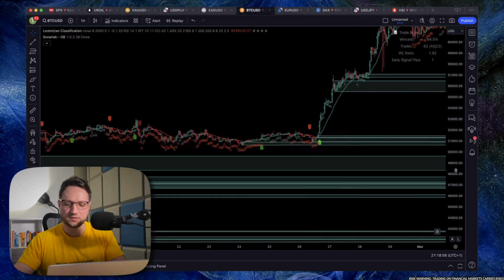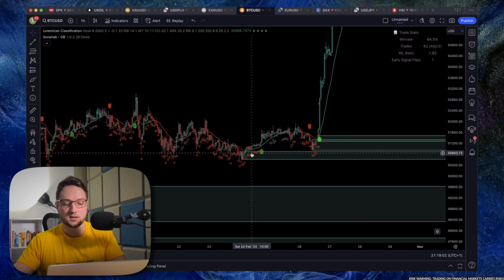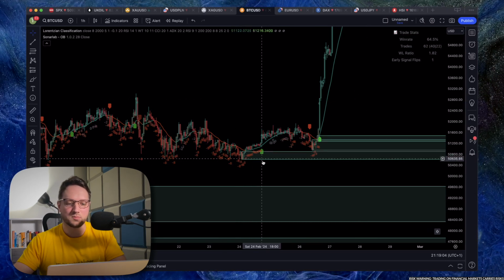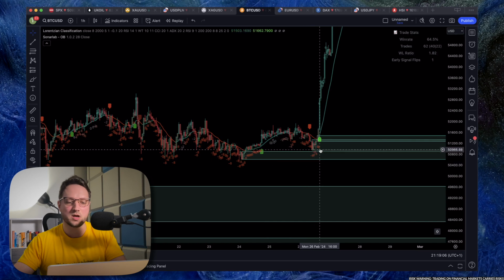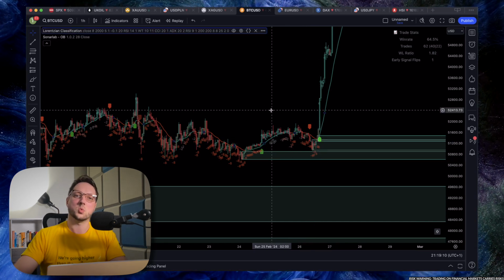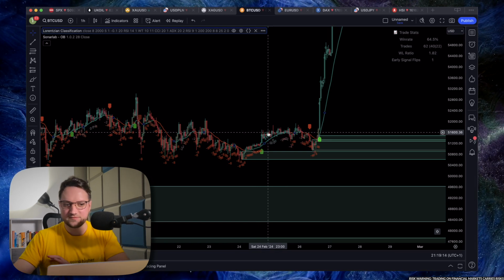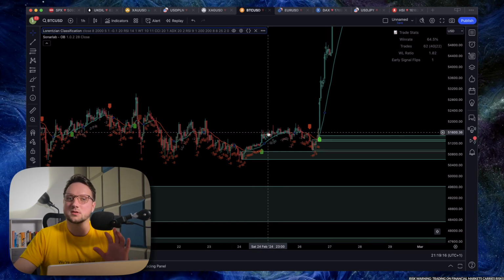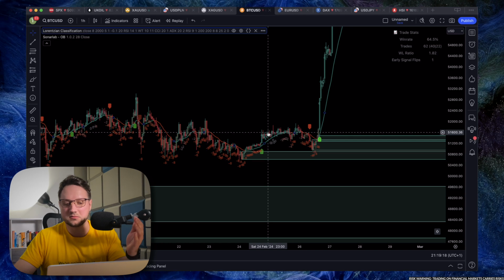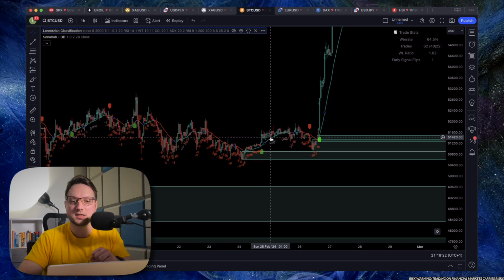For example, if we have a situation like we did over here, the order block has been created over here, marked over here, and we retest this area, we have the confirmation from the Lorentzian, and then we can, for example, enter a trade. So that's a very simple, basically no-brainer example of how we can combine all of those indicators.